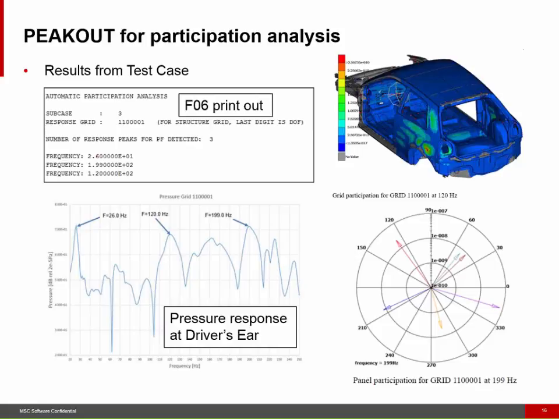And as you can see, of course, it corresponds to the highest peaks in the frequency response function from this analysis. Then you can post-process your grid participations as a contour plot, or the panel participation more as a polar plot in order to see the direction and the magnitude of the different panel contributions.